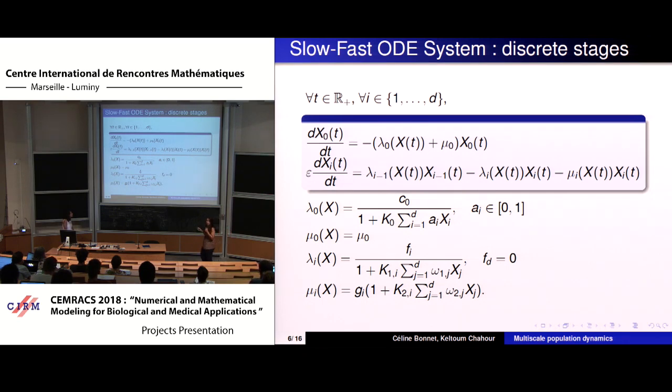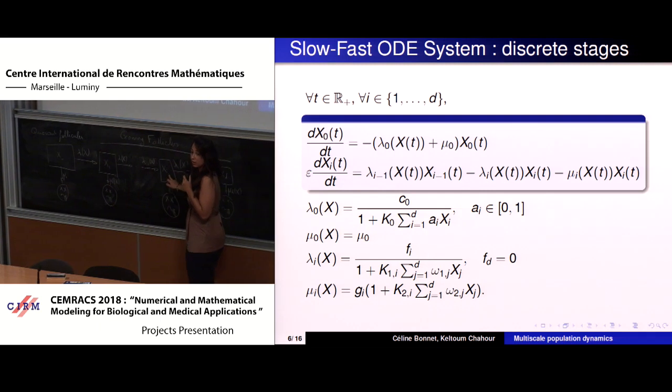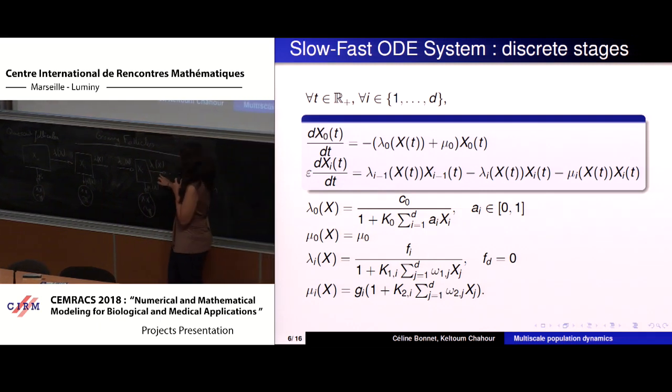The second equation describes the dynamics of the growing follicles. If we look at compartment number i, you have some follicles in the compartment before that come with a growth rate lambda i minus 1, or in this compartment they can grow and go to the next compartment with this rate, or die with the rate mu i.